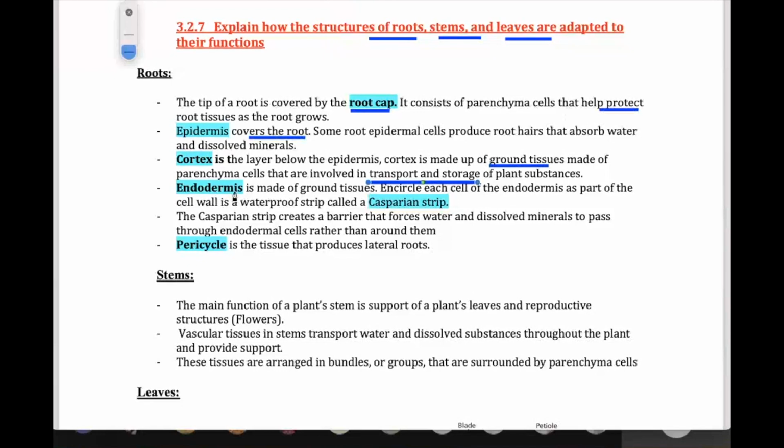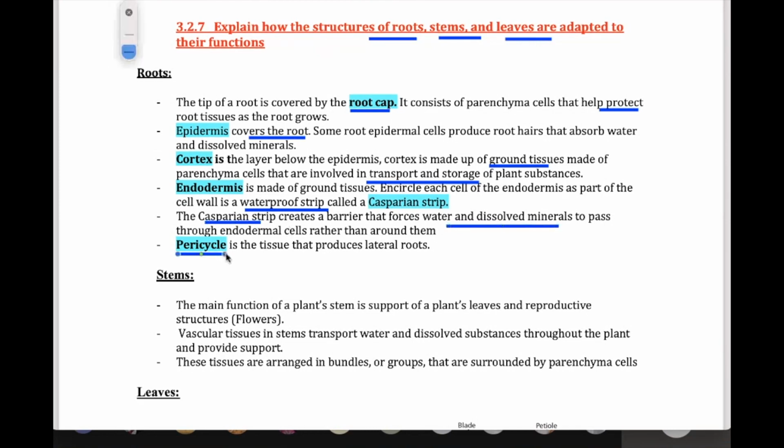Then we have the endodermis, which gives interior protection, and it's arranged in a circle, and it has a waterproof strip called the Casparian strip, because that is a barrier between the outer and the inner surface. So it acts as a barrier to protect and to stop the minerals from coming out.